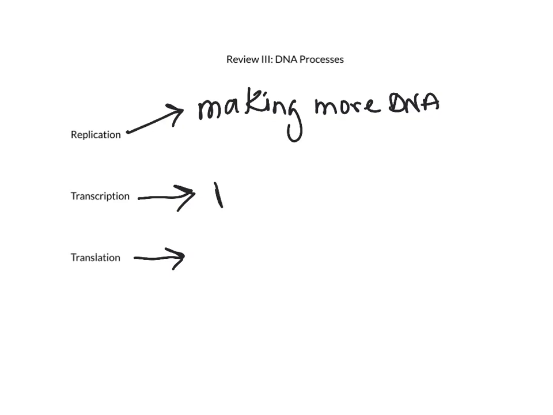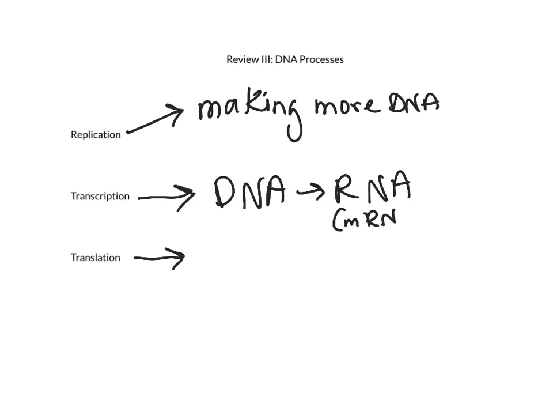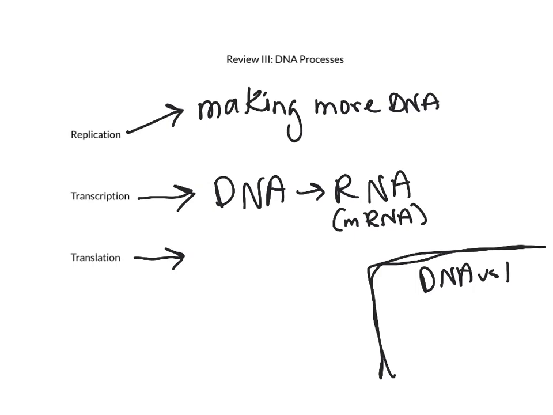Transcription is going to be going from DNA to RNA. Particularly, you have 3 types of RNA, and in this case, you'll be talking about mRNA. Now, keep in mind, you will need to know some differences between RNA and DNA. I'm going to put that over here on the side. So DNA versus RNA.